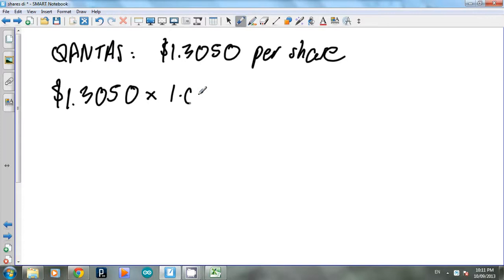So if I multiply any share price by that, what I'll get is the actual proper cost of that share, including the 2% brokerage and the 10% GST. So when I do that, I get $1.333371. Now remember, if I take the total proceeds and divide it by that number, that'll give me the actual number of shares I can buy.